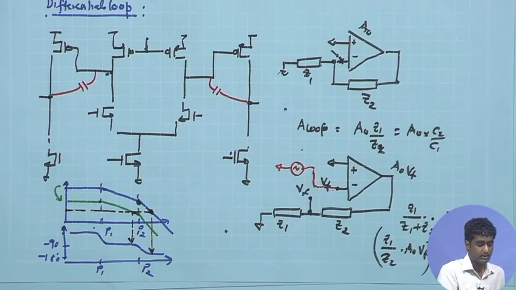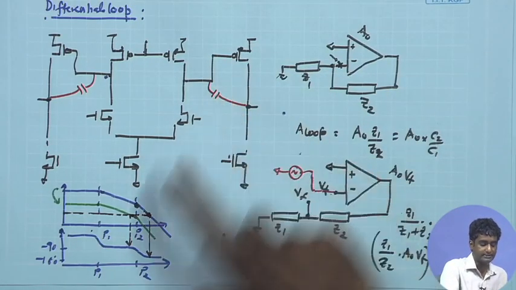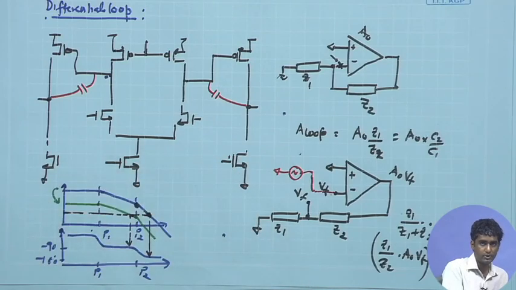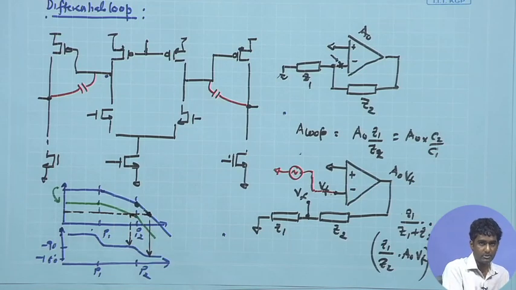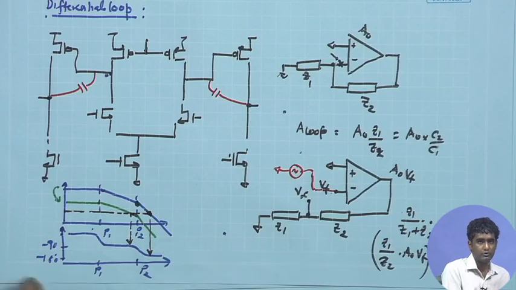That would imply that if I look at the stability of the common mode loop alone and try to compensate it using this CC, I will require a relatively large CC to shift my frequency response, or shift one of the poles, toward the lower side. Whereas the differential response will end up with even better phase margin, and because the gain is lower, we do not need so much compensation for the differential loop.